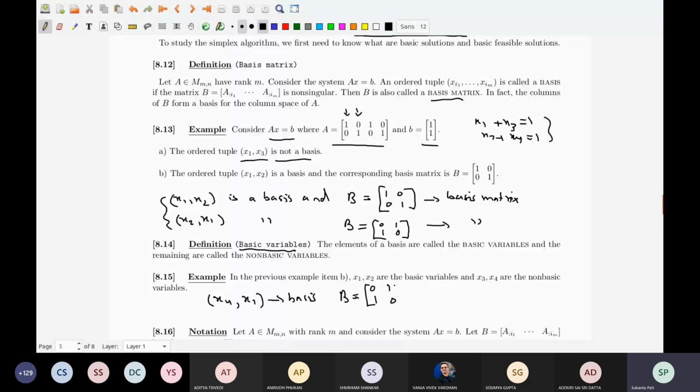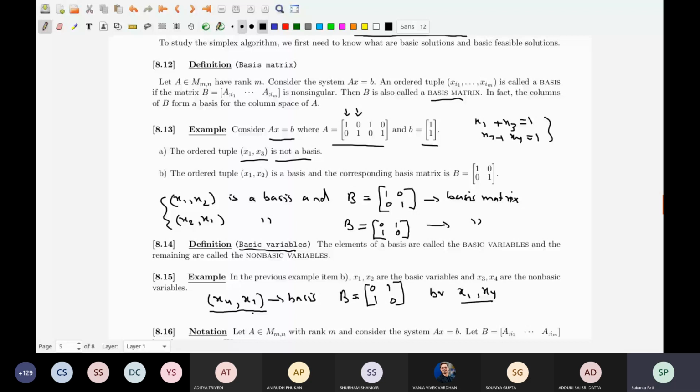This is the fourth column of A and this is the first column of A. Here the basic variables are x1 and x4. It doesn't matter in what order you tell their names, since that is unordered. But when you are writing the basis, this is an ordered tuple. What is the first basis vector? What is the second basis vector? That way.